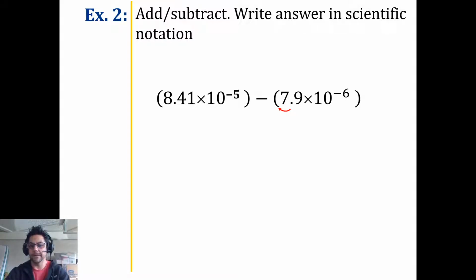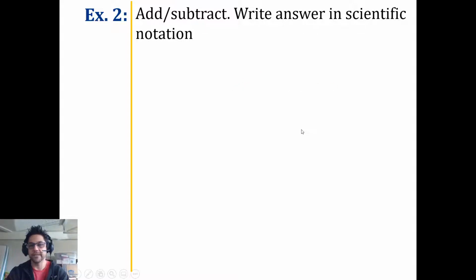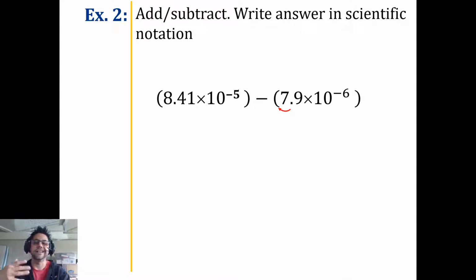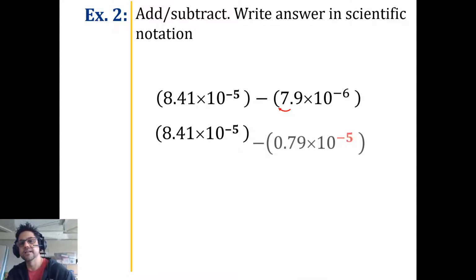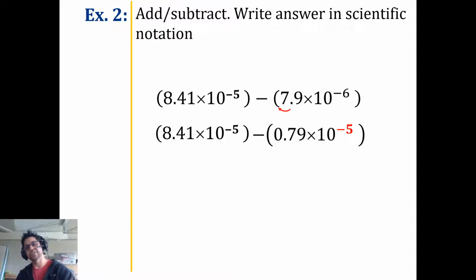And if you remember, -6 is actually smaller than -5. That's why I'm moving it 1 space on the -6th power number. So when I do that, it's going to be 0.79, because I really just have to move it 1 space, -5.